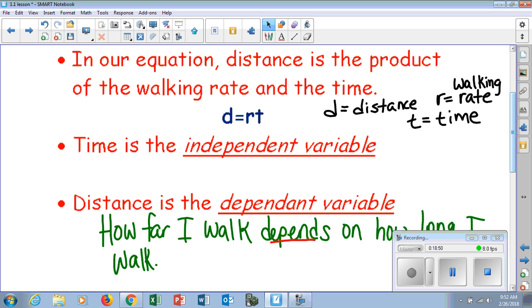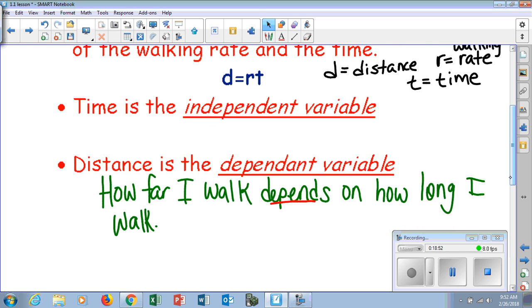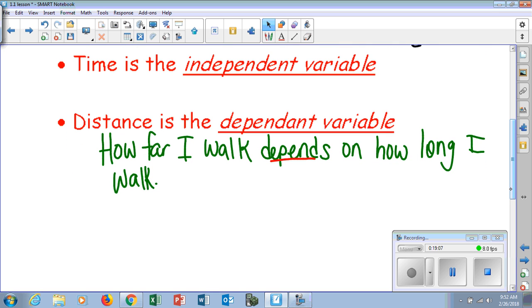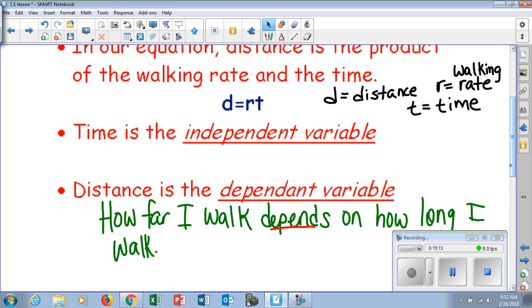D is the dependent variable. How far I walk depends on how long I walk. If I only walk for 5 minutes, the distance is going to be different, right? Depends on how far I walk or how long. Either way, however you want to say it. Let me move this up here so you can write that down. I'll give you a couple minutes to write this down.